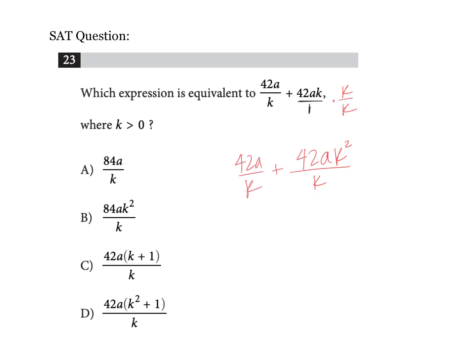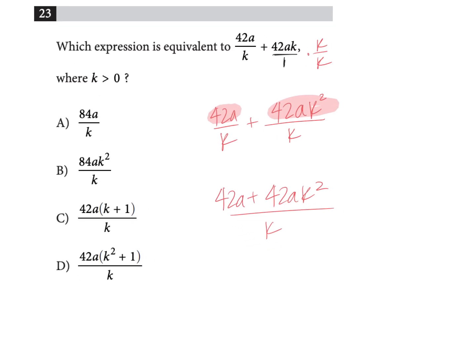So now we're getting closer to being able to add them up because they've got common denominators. When they've got common denominators, what do I do with those tops? Add them up. I would just have 42a plus 42ak squared. They are not like terms, so I'm just going to put them both over that denominator. But I feel like we're looking closer to my answers because they're all one fraction, but it's still not looking like one of them.